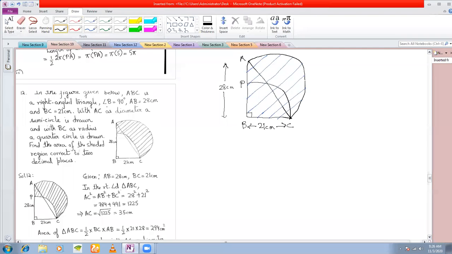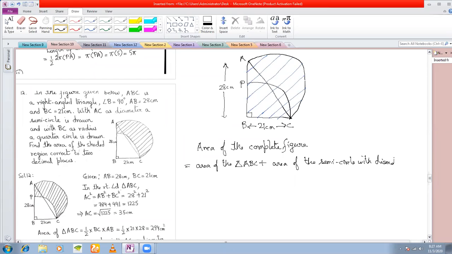Okay. So let us find out the area first. Then I will show you how to analyze the figure. So area of the complete figure is equal to area of the triangle ABC plus area of the semicircle with diameter AC.